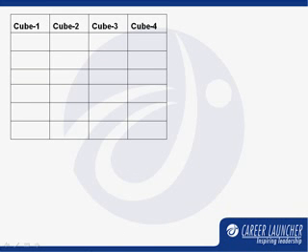Let us assume that there are 4 cubes, as we said: cube 1, cube 2, cube 3 and cube 4. The best possible way to start with this question is to choose 2 words which have the maximum possible number of letters common.